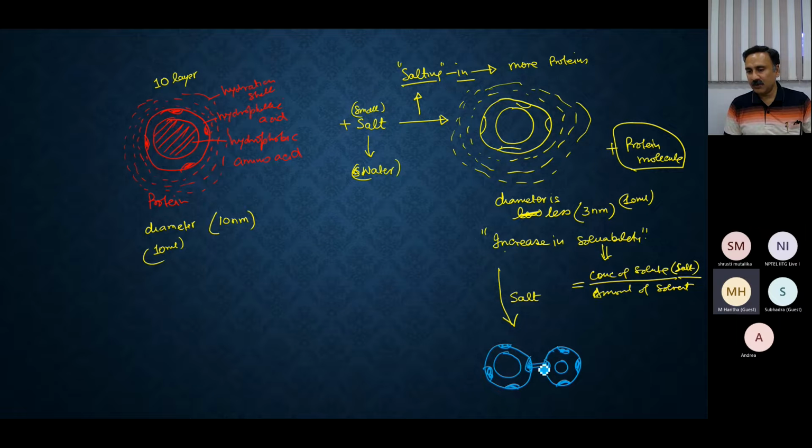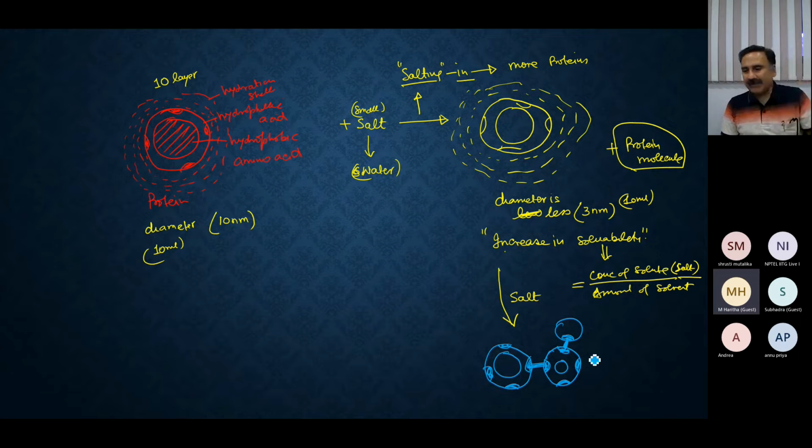So they are going to form a bond. Imagine that all the protein molecules form bonds like this, they will become insoluble. They are not going to be soluble in water.